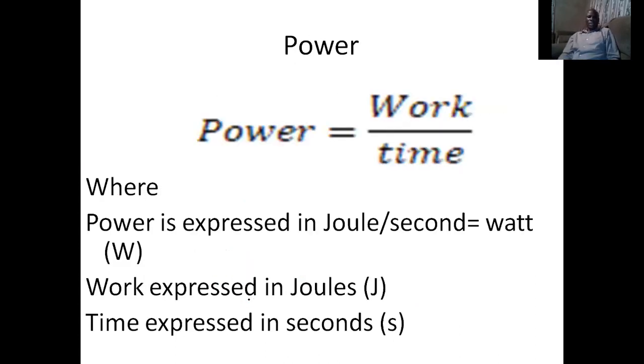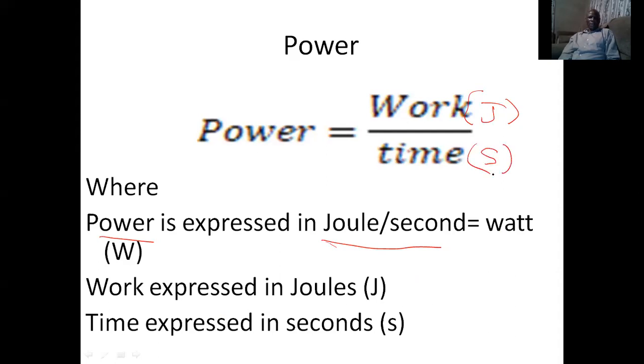And so the definition for power in terms of the formula: power is equal to work over time, where the power itself is expressed in joules per second because the work here is in joules and the time is in seconds.